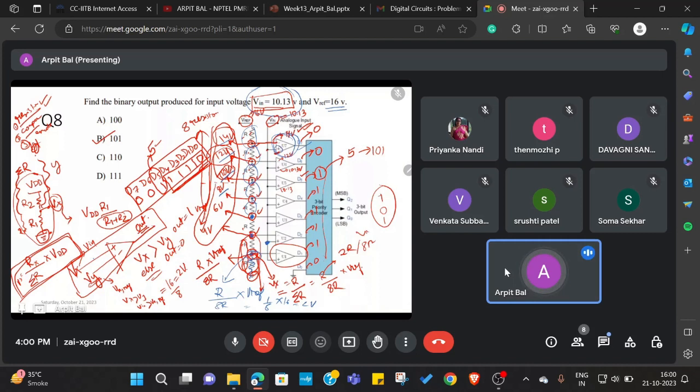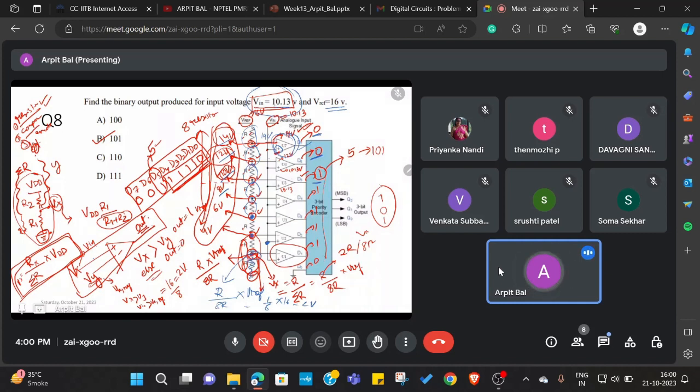It means unless this V input is greater than the reference value, it is not going to turn on. Okay, so in the first case the reference was 14 volt and this is 10.13, it was less, so it is 0. Next case it was 12 volt, 12 is again greater than V input, so it is 0. But in the next case it is being compared with 10 and it is greater than 10, so it is 1.